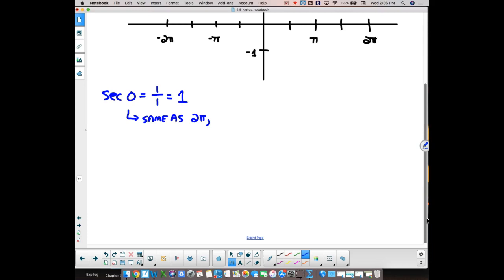Which means the secant of negative 2 pi is 1. Same for 4 pi and negative 4 pi, 6 pi and negative 6 pi. Right? See how that's working? Every lap, it goes back to 1.